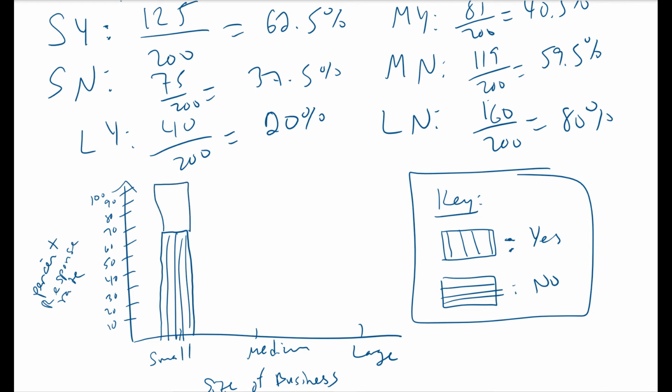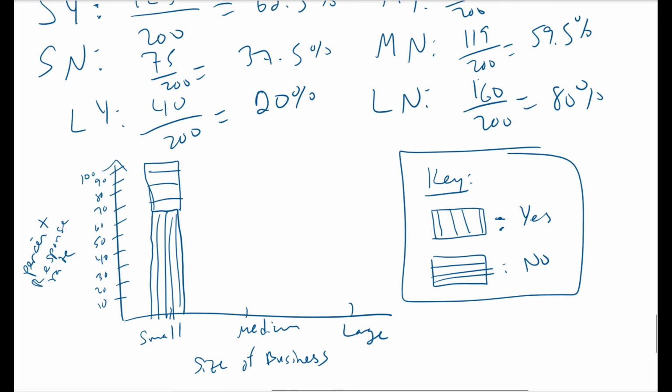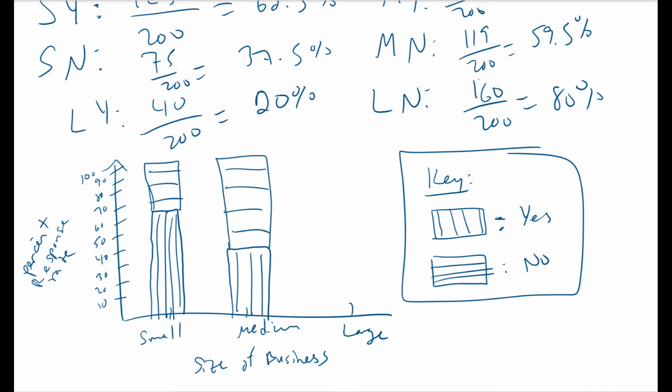And that's no. Medium, that's a yes was 40.5. And then the rest said no. And then large business, yes was 20%, and no was the rest.